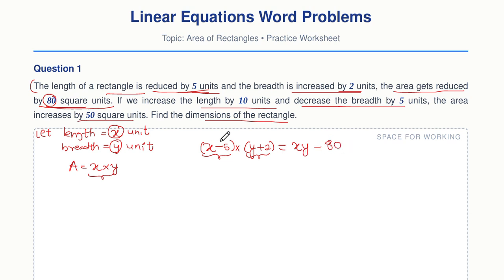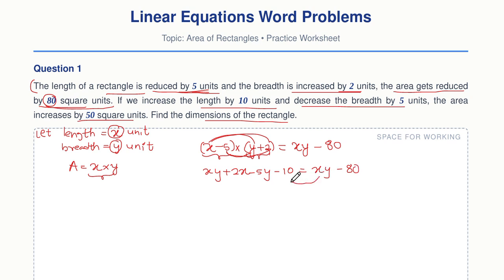If we multiply these two brackets, we get x into y, xy, x into plus 2, which is plus 2x, then minus 5 into y, minus 5y, then minus 5 into plus 2, which is minus 10, is equal to xy minus 80.